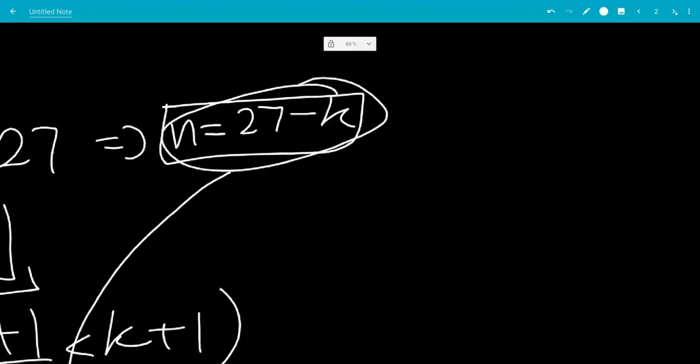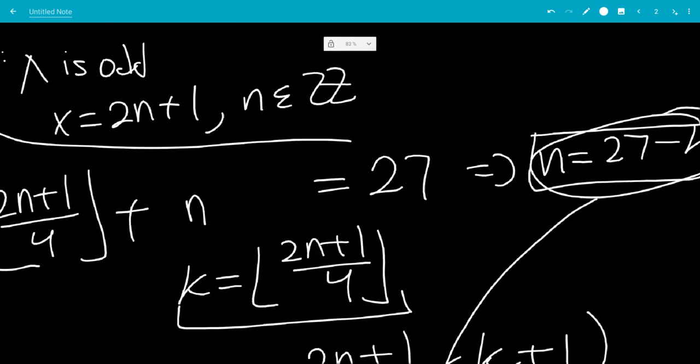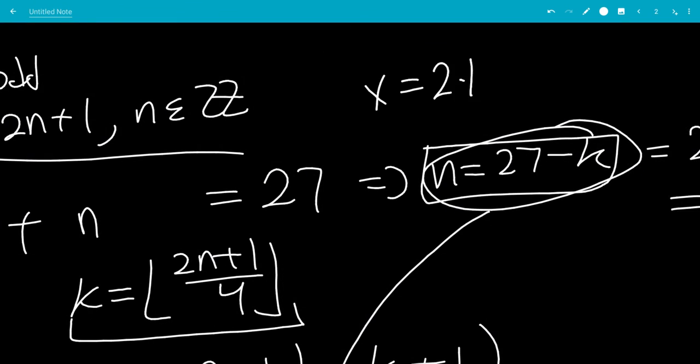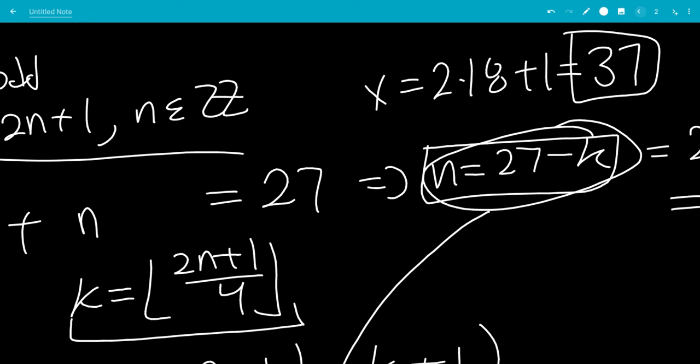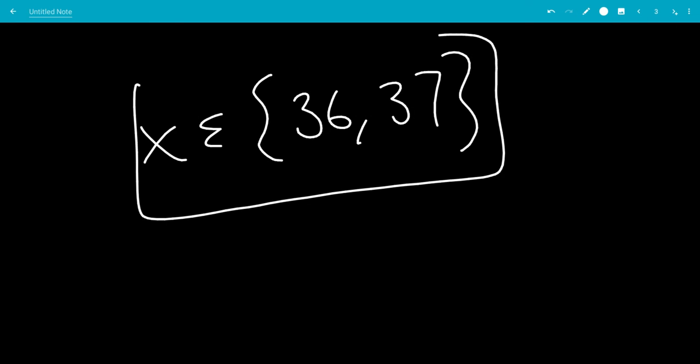So now we have that n is 27 minus 9. That would be 18. And x will be 2 times 18 plus 1, which is 37. So that is the second value, and this is the first value. So x can be 36 or 37 when they're integers, and that's the end of the video.